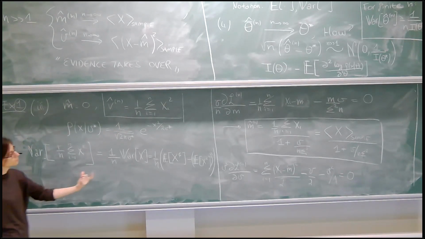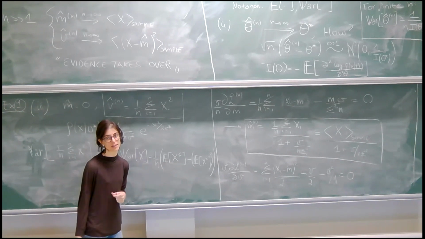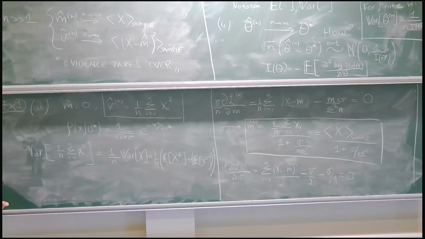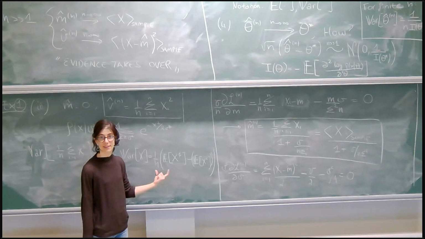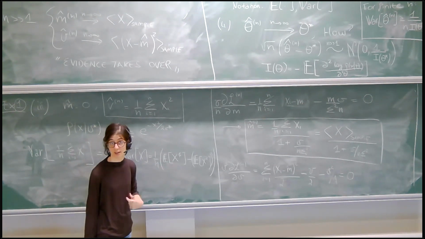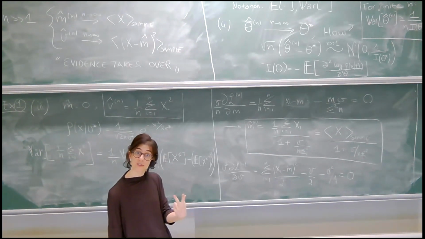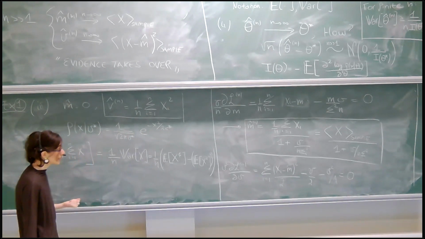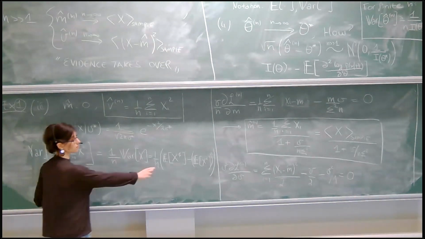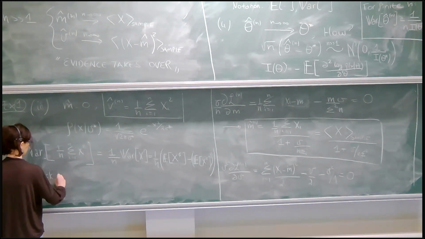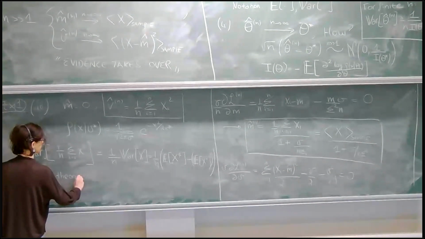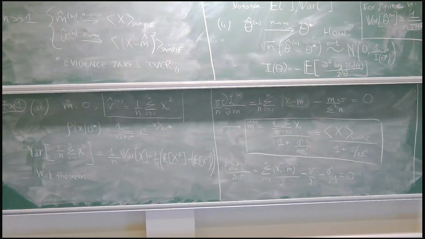To compute this expectation of x to the 4, I use a property of the Gaussian distribution, which tells you that all of the moments higher than 2 I can factorize into products of the expectation values of x squared. This is what is usually called in many contexts the Wick theorem. It's a property of Gaussian measures.